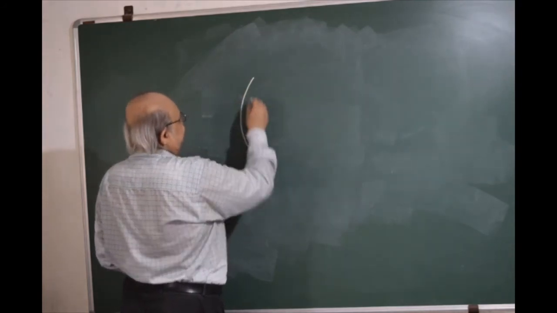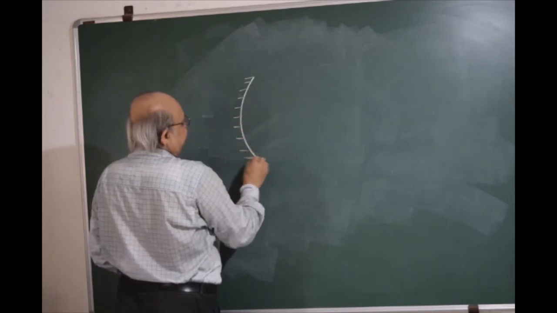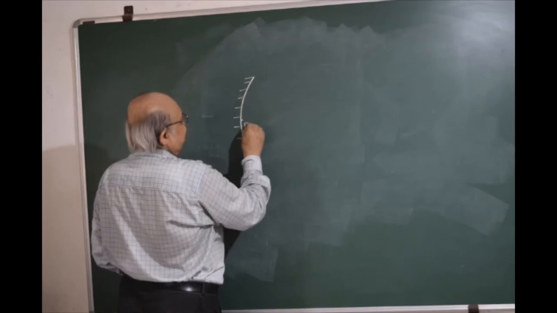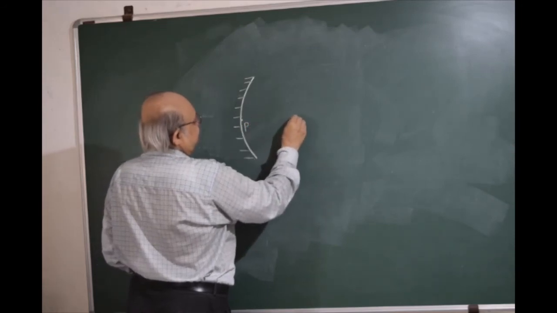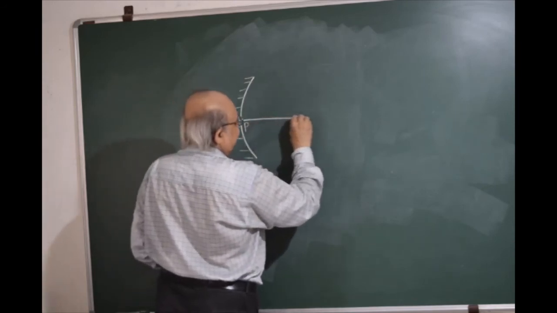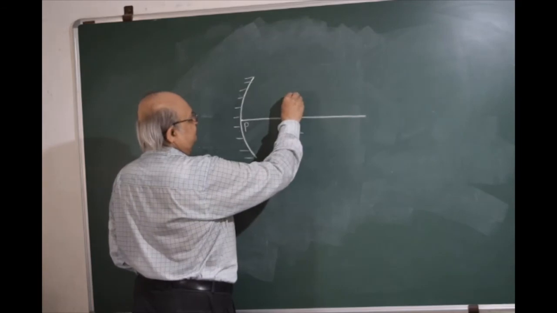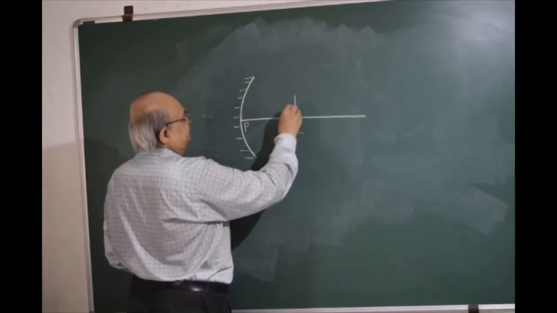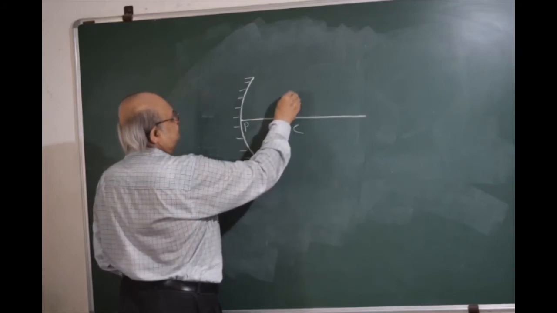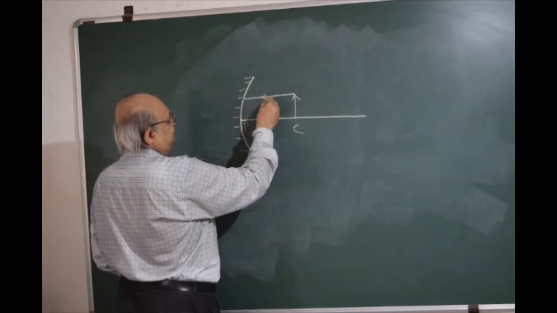We take a concave mirror, polish it. We will have P somewhere here, C somewhere here. The first compulsory ray, the principal axis. Our object, remember, in the third position is on C. The second compulsory ray parallel to the principal axis.